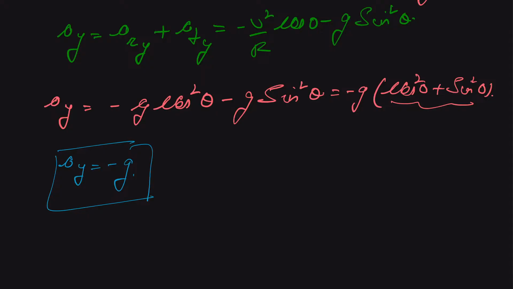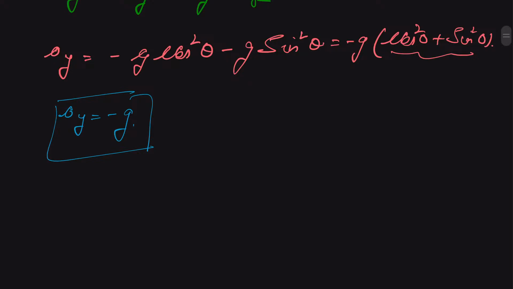Next is part B, where the acceleration is purely horizontal.